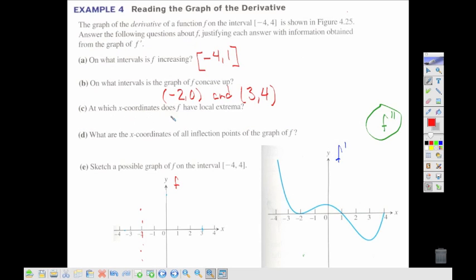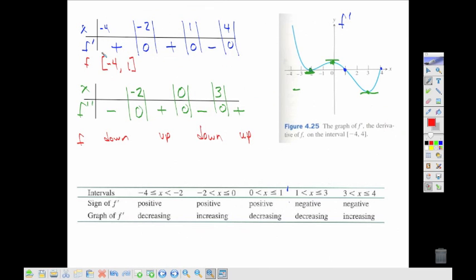The next question asks about local extrema. So if we're looking for local extrema, we're looking for places where f prime has a change in sign. So our changes in sign for f prime are happening here at 1, but we also need to consider our endpoints of this, which are at -4 and 4.